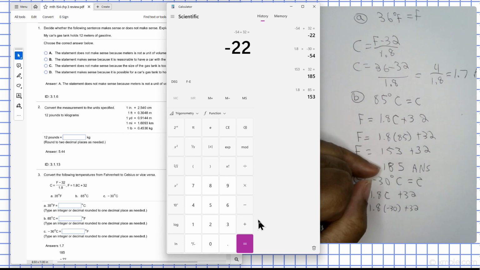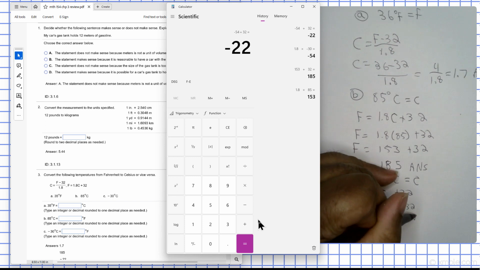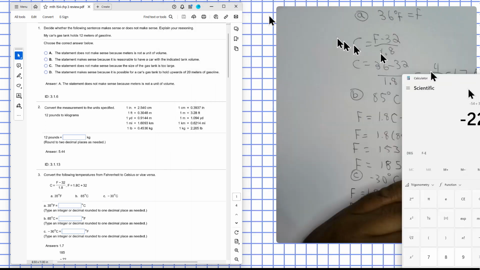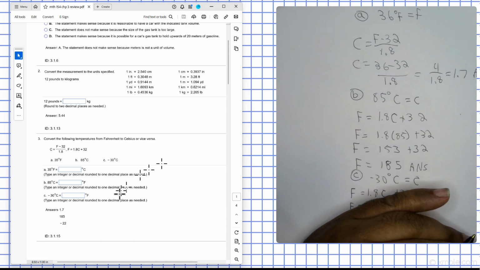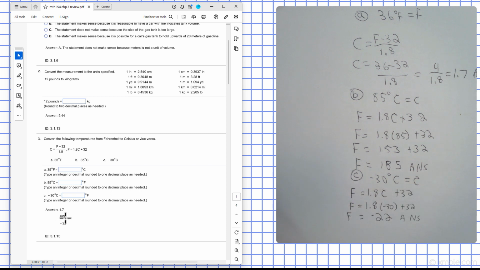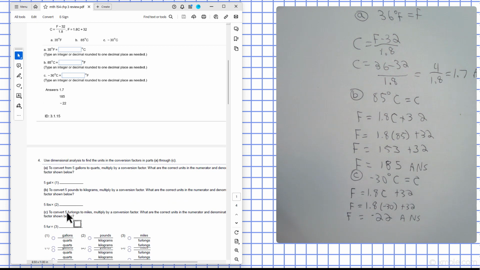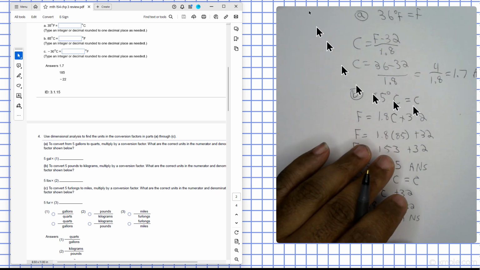So the answer here is a negative 22. So this is our third answer. You can see the answers they have here. And then we go on to problem 4.